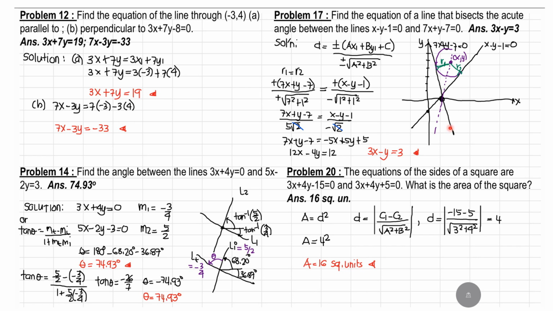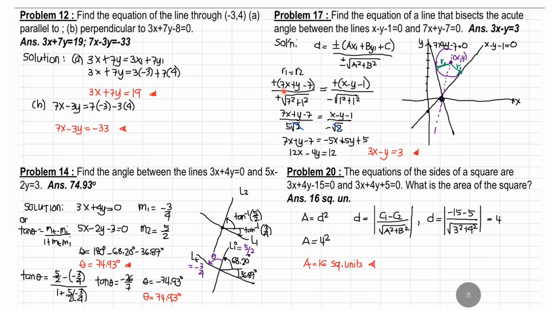Now, we have positive because this point is above that line. Quantity 7x1, because the point is x comma y, x1 is just x, plus 1y1, so plus y, then minus 7 all over, because the coefficient of y is positive 1, so the sign of the radical is positive.